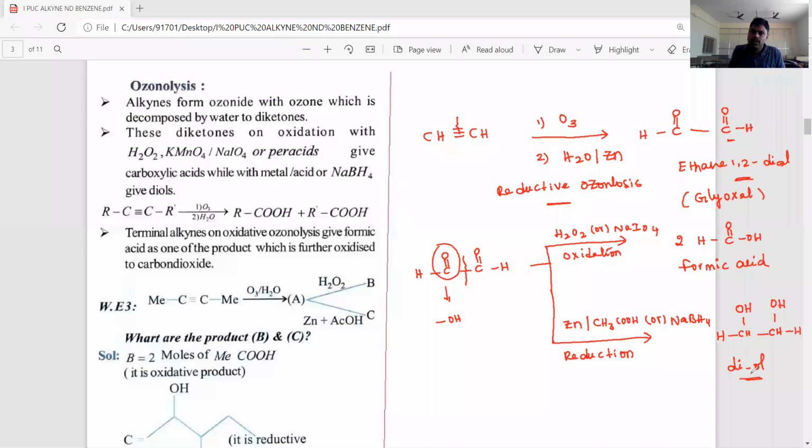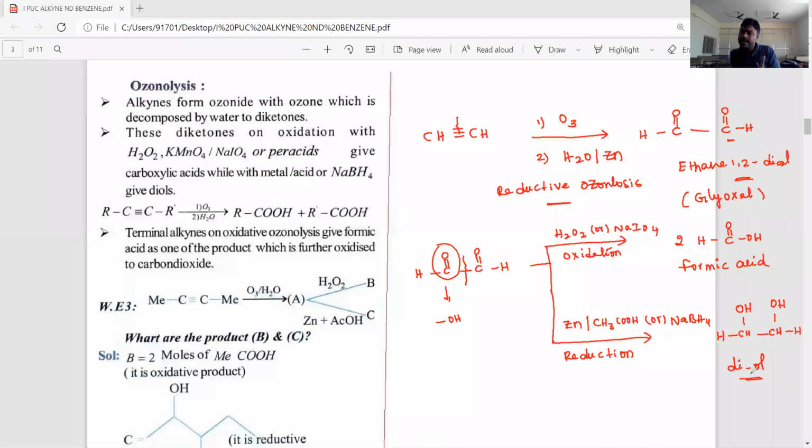So first, alkynes react with ozone followed by hydrolysis in the presence of zinc metal. Then it is called the reductive ozonolysis reaction. Then we get diketones or dialdehydes; except ethyne, all the remaining alkynes produce diketones.